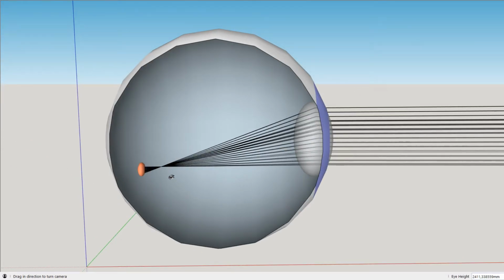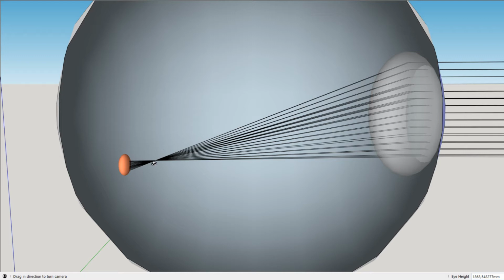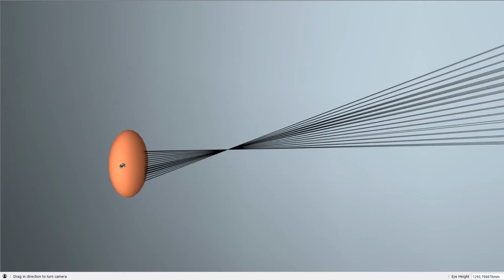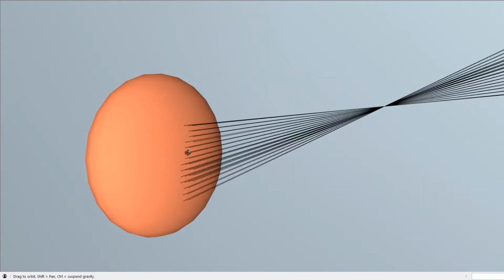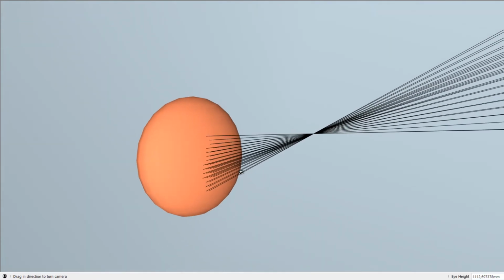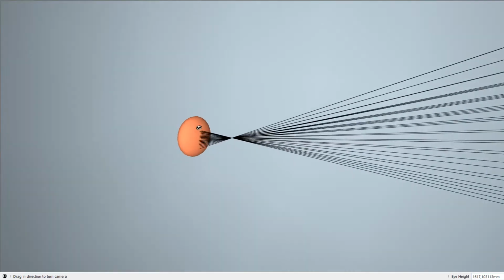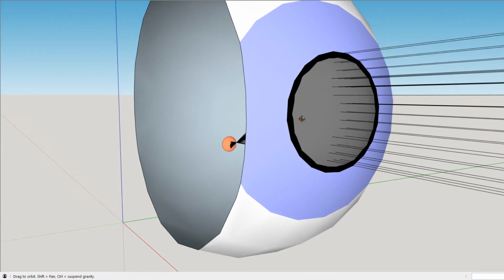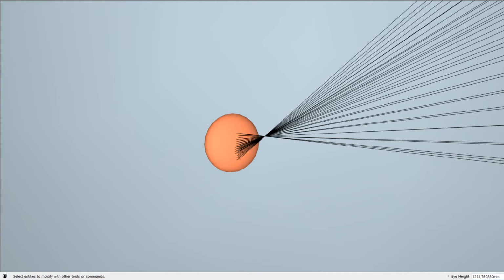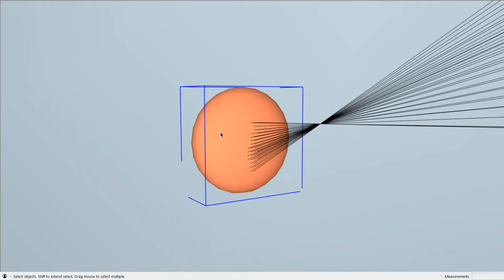What actually happens is the light is crossing before it hits this nerve. So what we see here is an upside down image of SketchUp Dave, and the brain is turning it right side up again. But if we can't change the aperture of the eye to increase the angular resolution limit, we need to do something about this nerve.